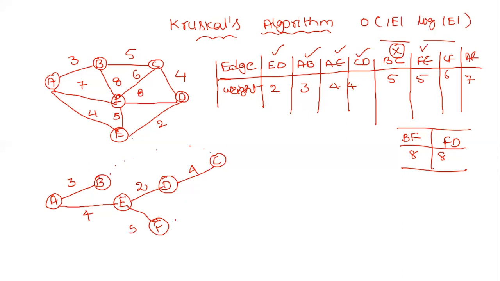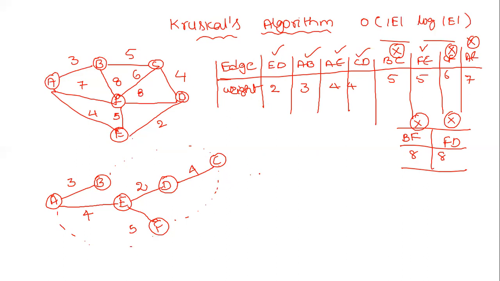Then CF forms a cycle, so it is also not considered. The last ones are AF, which also forms a cycle, and BF, which also forms a cycle, so they are not considered. Same way FD forms a cycle. So there are no more edges.